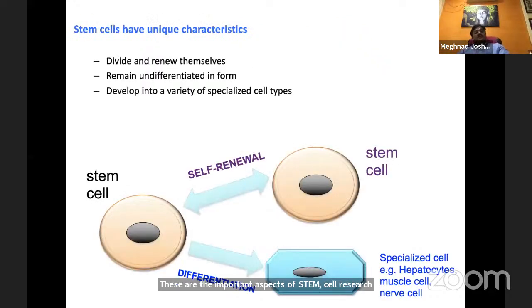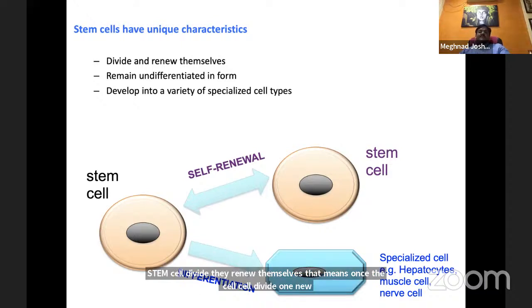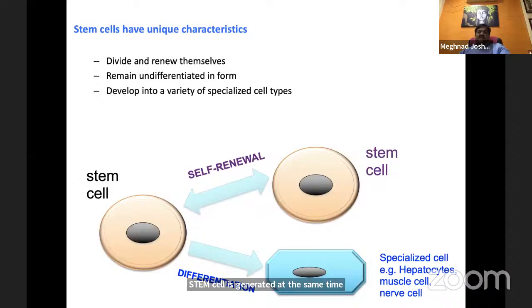There are some unique characteristics of stem cells, because in our body there are cells which are constantly dividing, but stem cells have a peculiar characteristic. Whenever a stem cell divides, it renews itself. That means once the stem cell divides, one new stem cell is generated, and at the same time one cell can be specialized according to the need or organ.